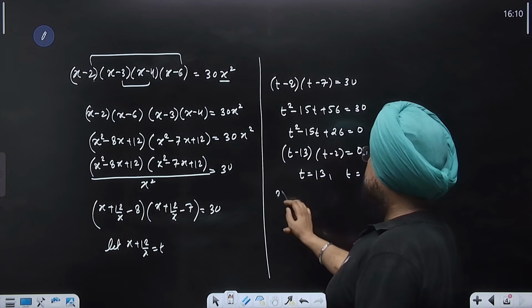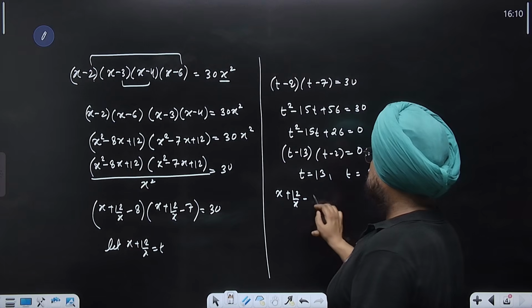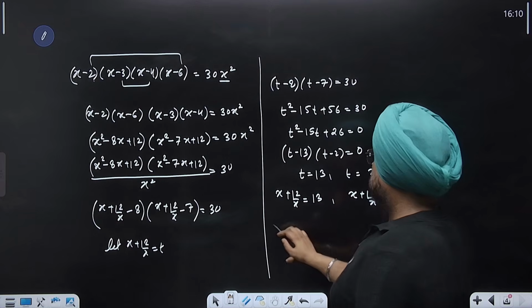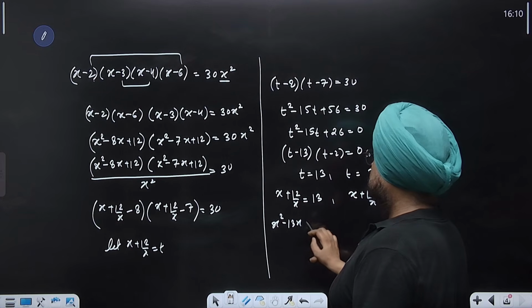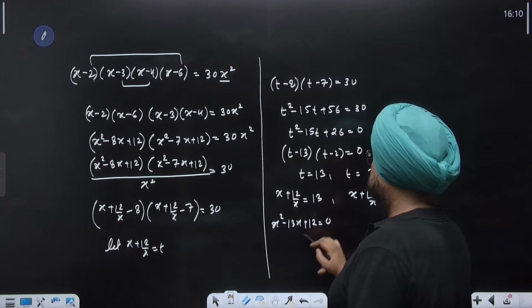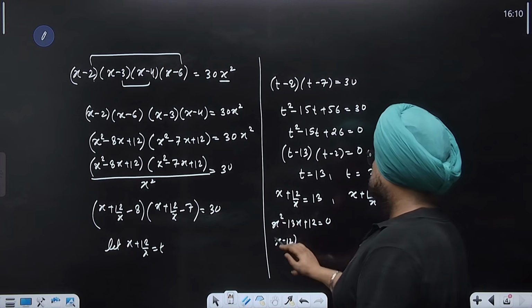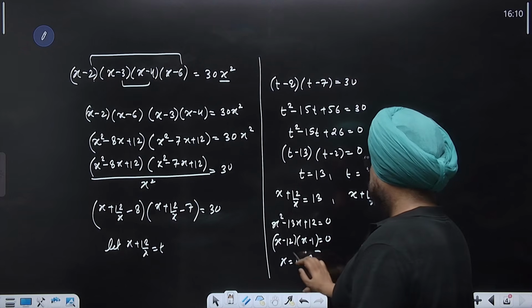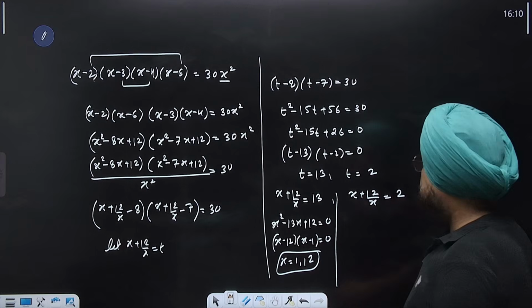Now t was x plus 12 by x, so x square minus 13x plus 12. The value of x is 1 and 12 from this equation.